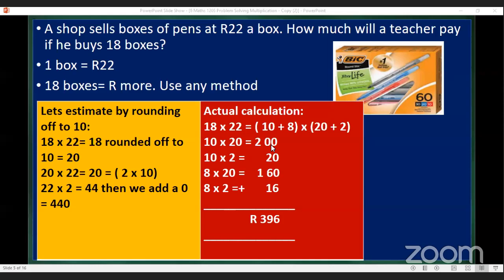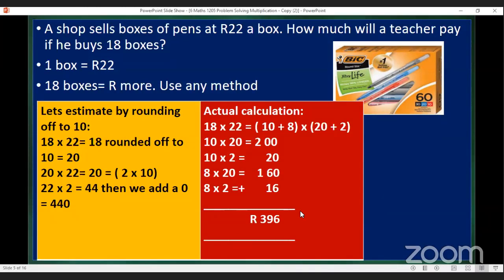Okay, you can multiply for us now. 10 times 20 is when you break it down by just saying 1 times 2, which equals 2, and you add the 2 zeros.